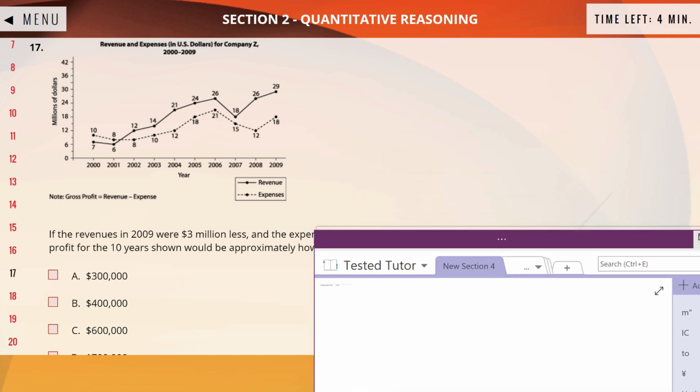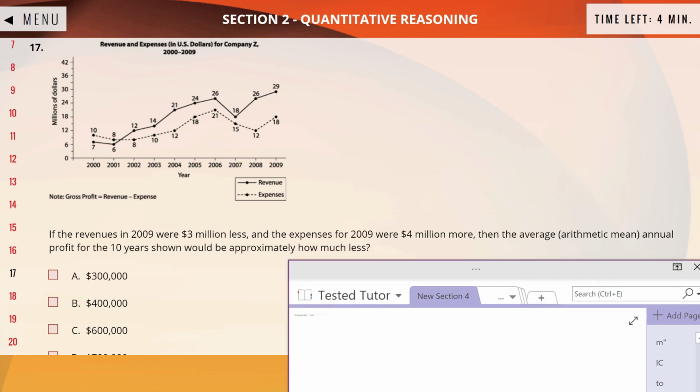Okay, so the profit in 2000 was -3, profit in 2001, -2, then +4, then +4, then +9, and +6. There may have been a shortcut, but I can't see it. +5, +3, 2008 it was +14, 2009 it was +11.